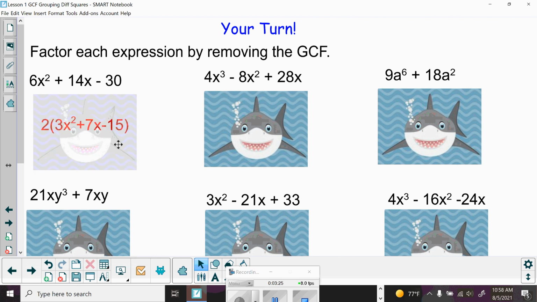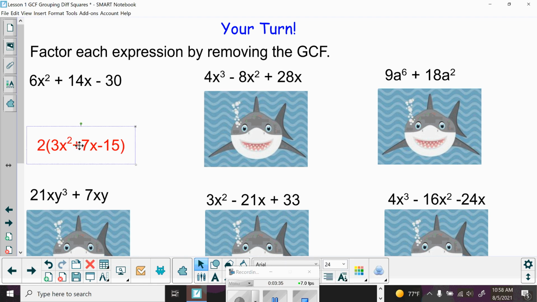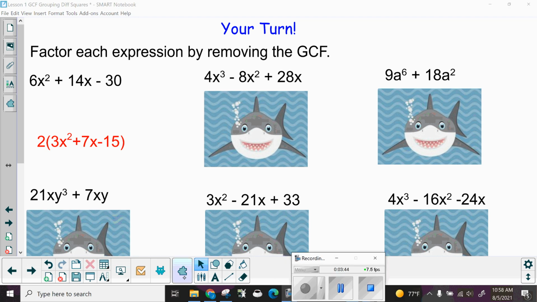So let's see this first answer. This first answer is 2 times 3x squared plus 7x minus 15. So what I did is I realized I've got 6, 14, and 30.